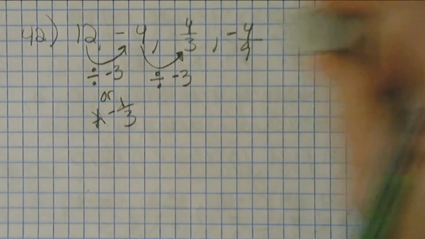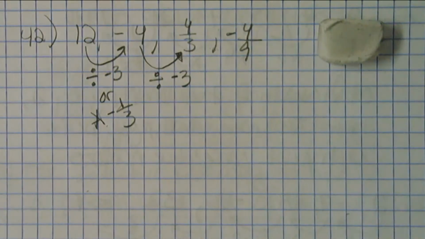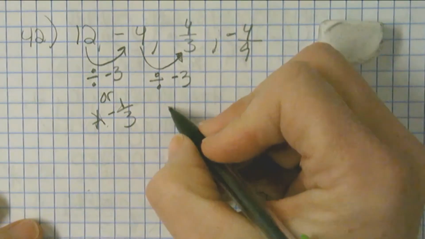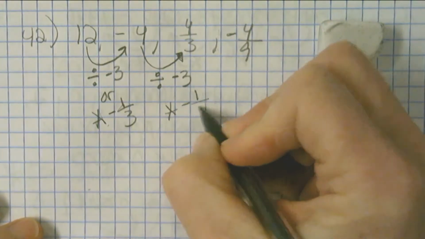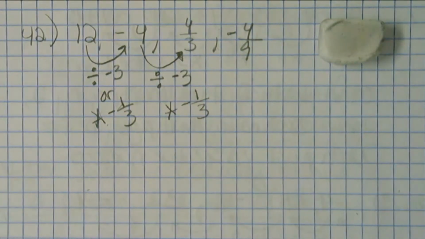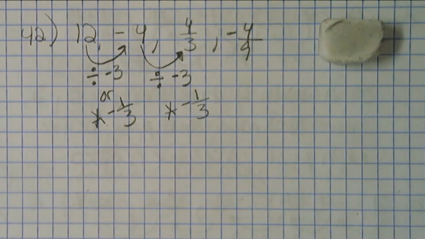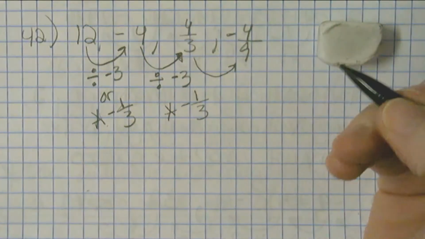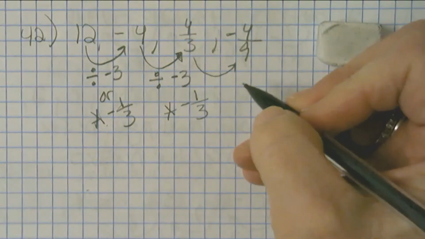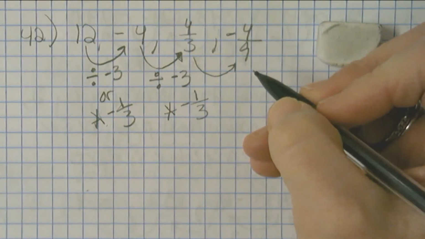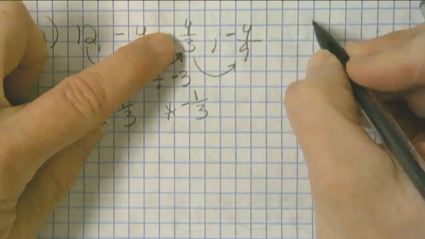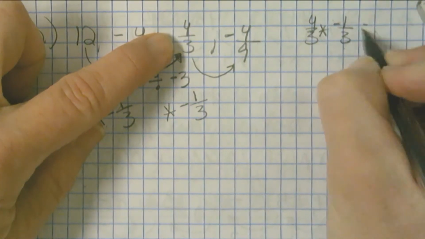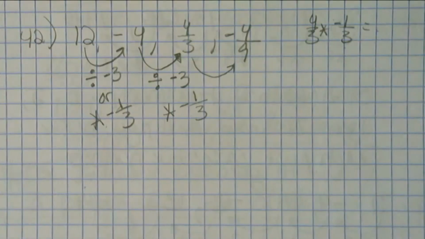Now I'm going to check the last one. I don't like thinking about dividing a fraction by a fraction, which is why Colin was so smart to recognize that dividing by a negative 3 is the same thing as multiplying by a negative 1/3. So if I multiply 4/3 by a negative 1/3, do I get a negative 4/9? Jacob?